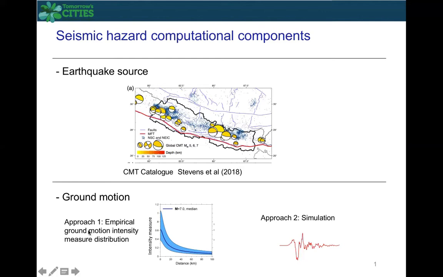The second approach is the simulation approach, where we can model the rupture and propagation of the waves and the response of the site, and the end products are ground motion time series that we can use directly in engineering risk assessments.